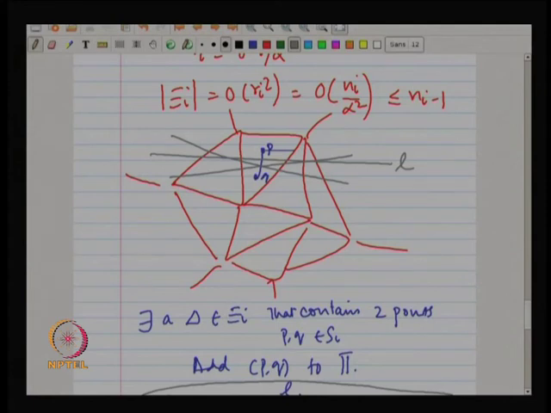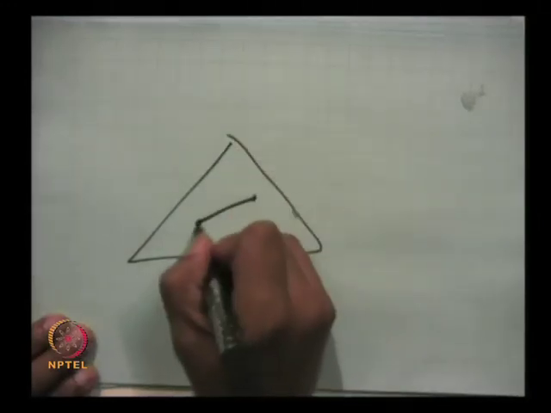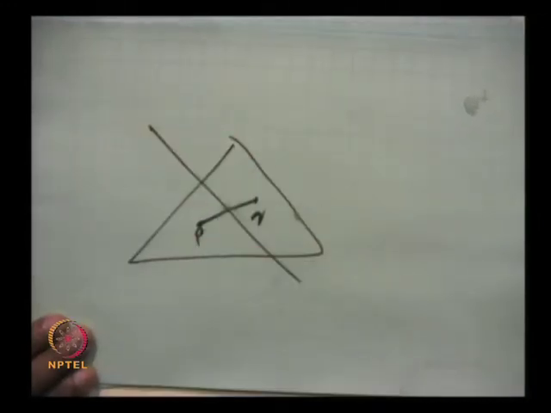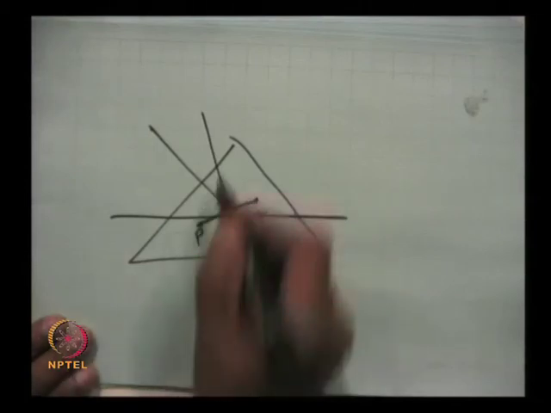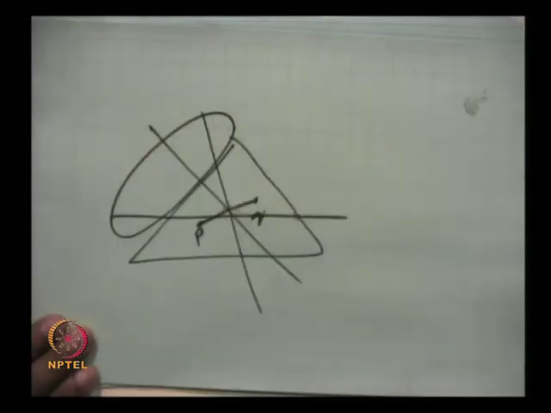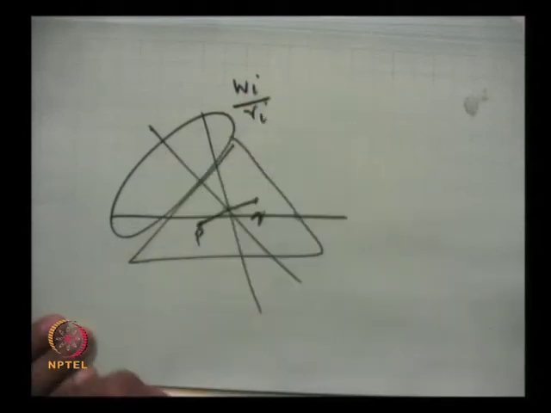So here is an edge PQ. Any line that intersects this edge also intersects this triangle. Now since this is a cutting, the total weight of these lines is at most Wi over Ri.